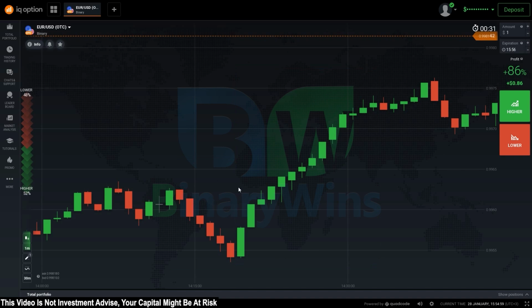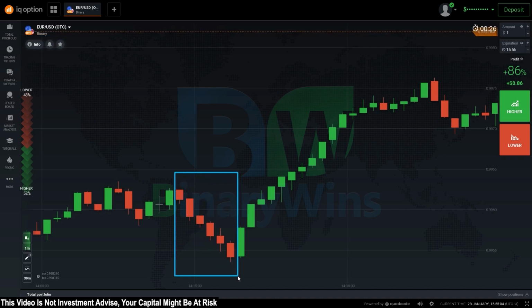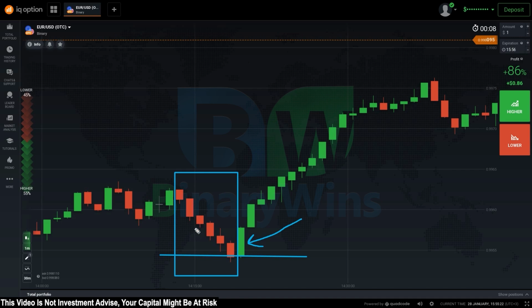But in today's video, I want to talk about the case where we have a momentum trend, this momentum trend hits a level, and after that the trend reversal happens, after seeing the reversal candle. How can we trade in the opposite direction by following past candlesticks and mimicking their behavior?